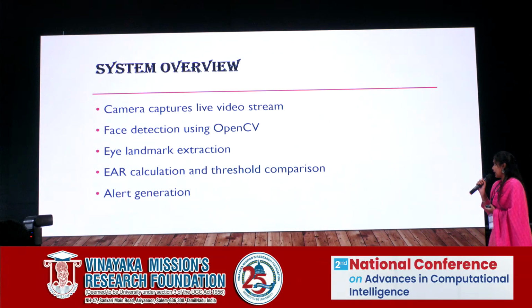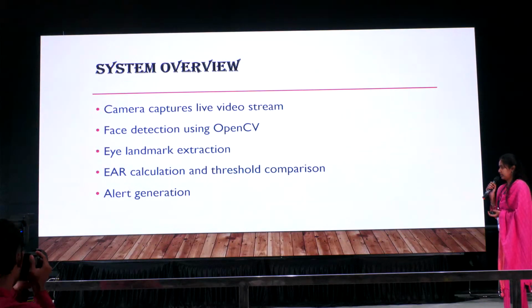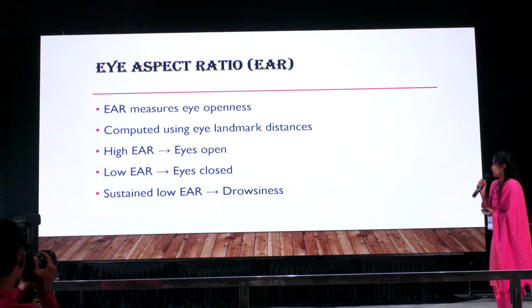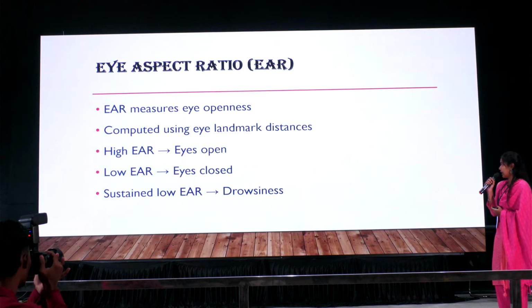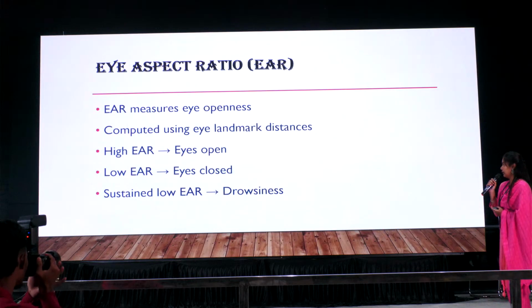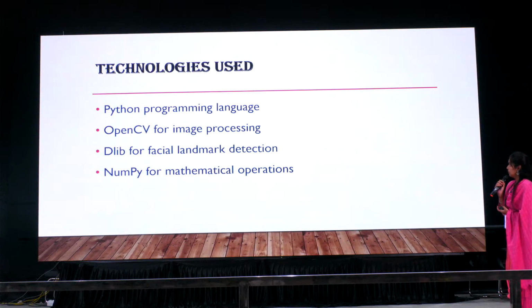The camera captures a live video stream, then face detection using OpenCV, that is Open Source Computer Vision, facial landmark extraction, EAR calculation, threshold comparison and alert generation. EAR measures eye openness, computed using eye landmark distances. High EAR means the eye is open, low EAR means the eye is closed. If low EAR is sustained, it indicates drowsiness, and then the system gives an alert message.